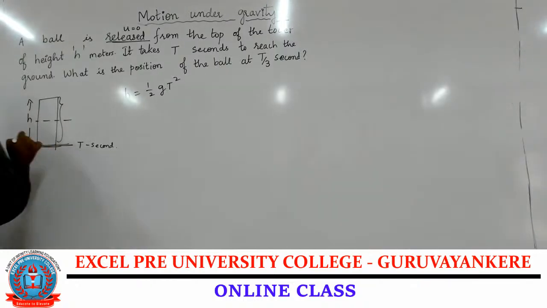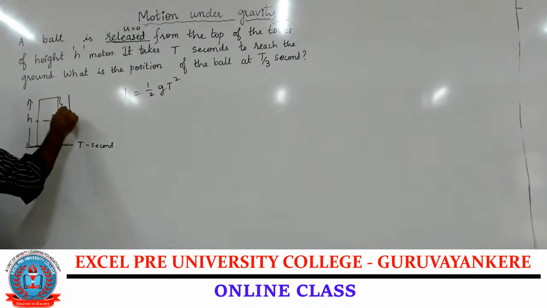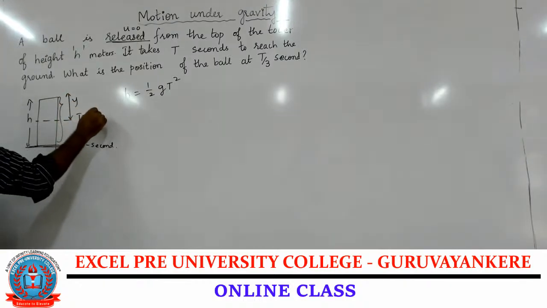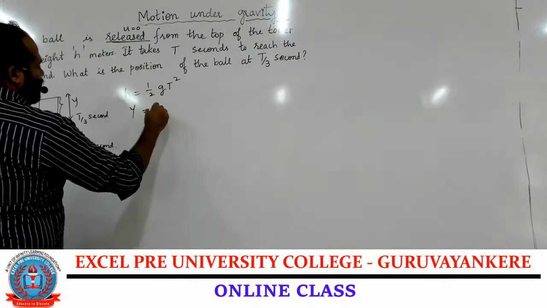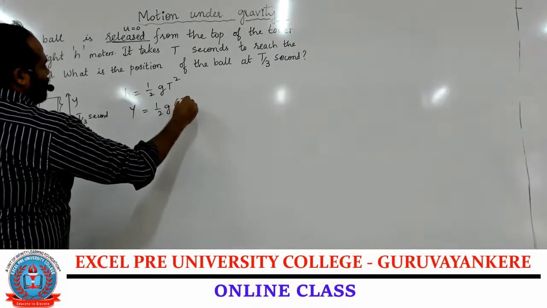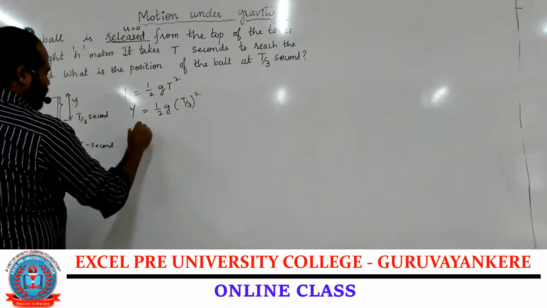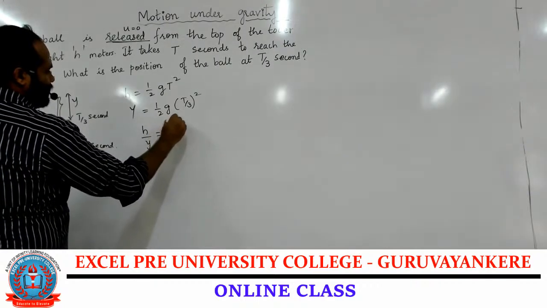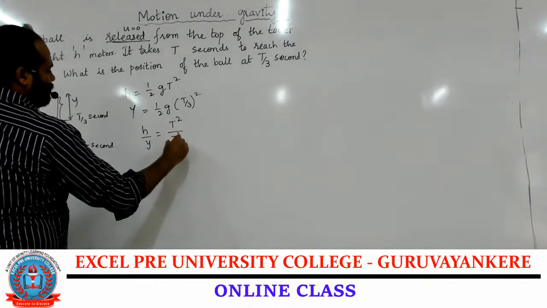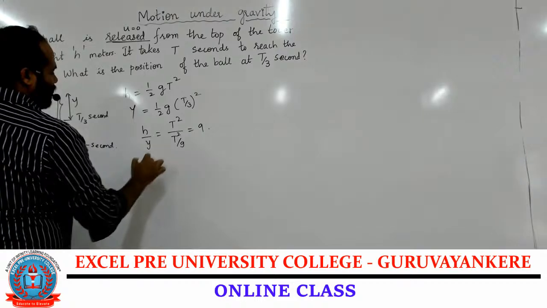What is the position of the ball? So it's a displacement in t by 3 seconds. At t by 3 seconds the displacement is y. So y should be half g t by 3 whole square. So you take h by y, half g cancels. t square by t square by 9 is equal to 9.